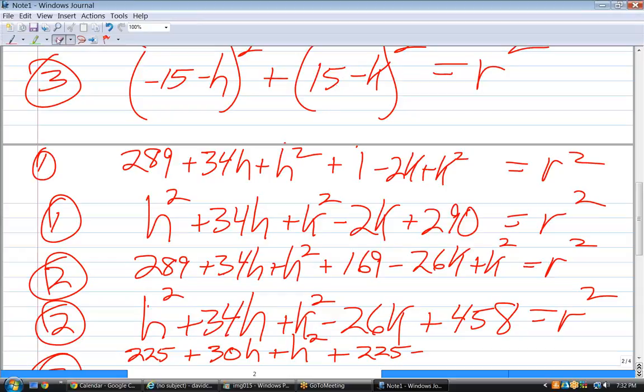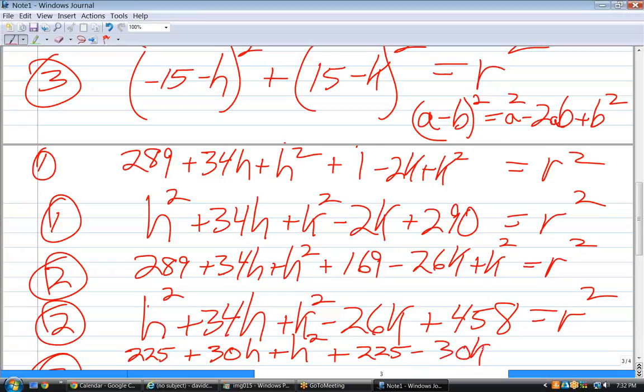In other words, when you expand a minus b squared, you get a squared minus 2ab plus b squared. So I get 225 minus 30k plus k squared equals r squared.